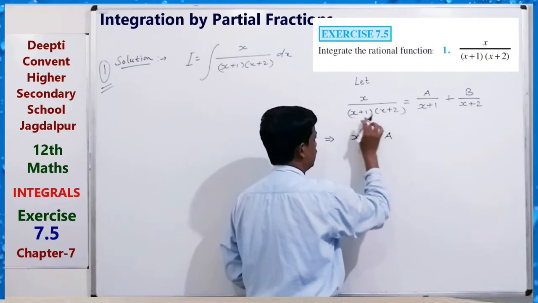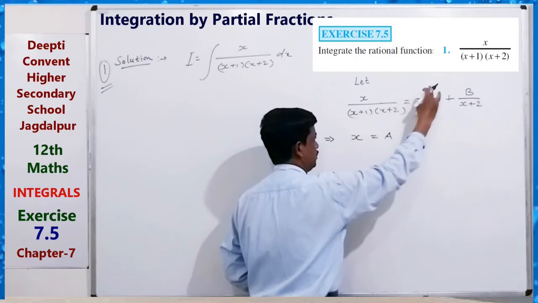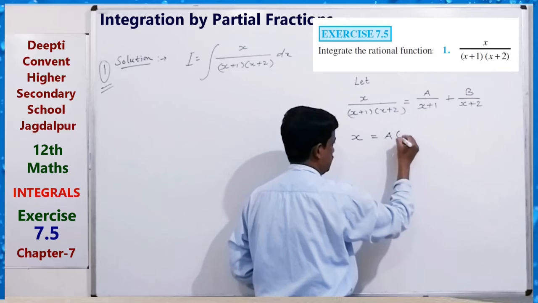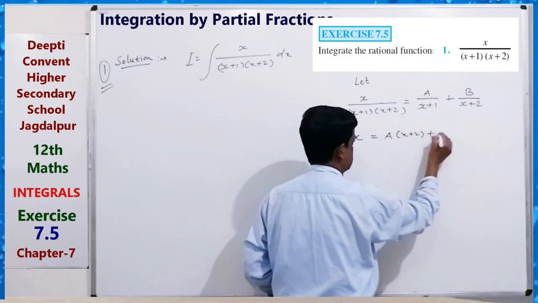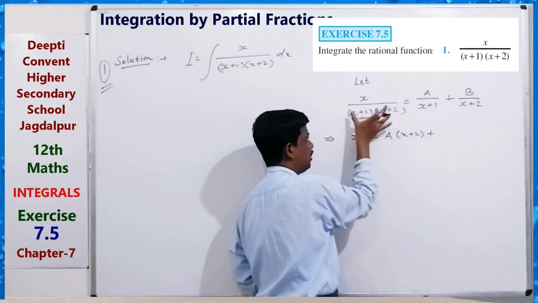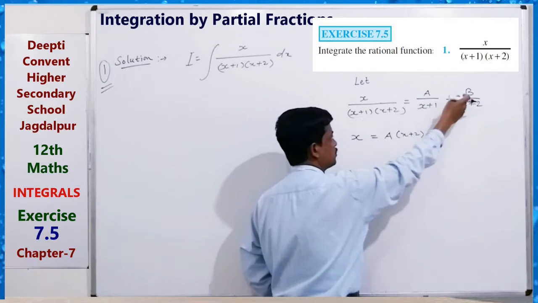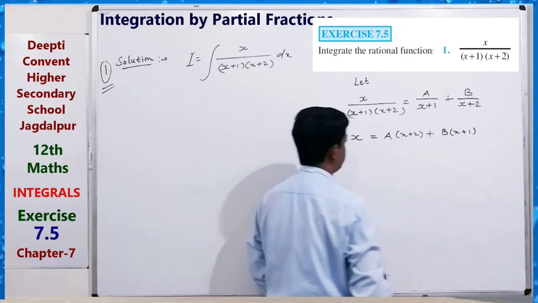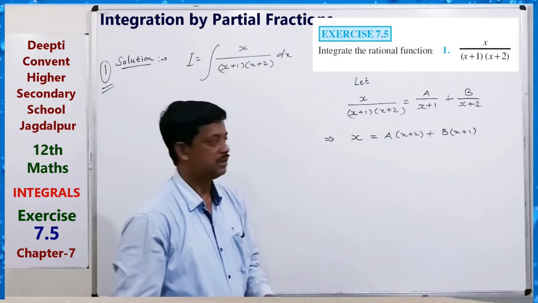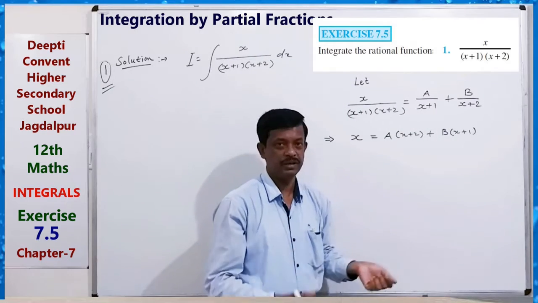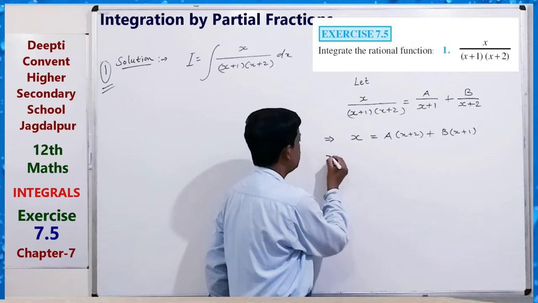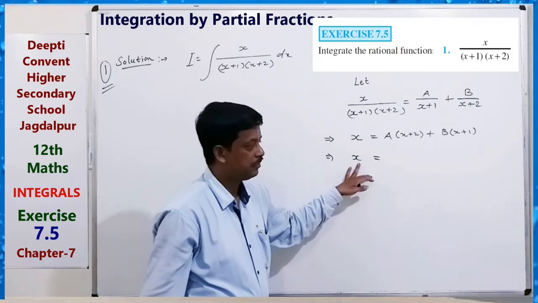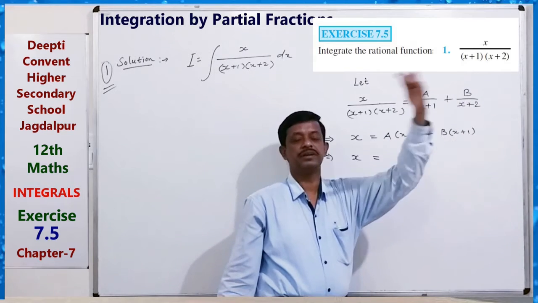Now multiply this by this denominator, then x plus 1 is cancelled, leaving A times (x plus 2), plus B times this denominator, where x plus 2 cancels, so B times (x plus 1). Our target is finding A and B. So here we can solve it. X equals this, which is a polynomial of degree 1 on both sides.